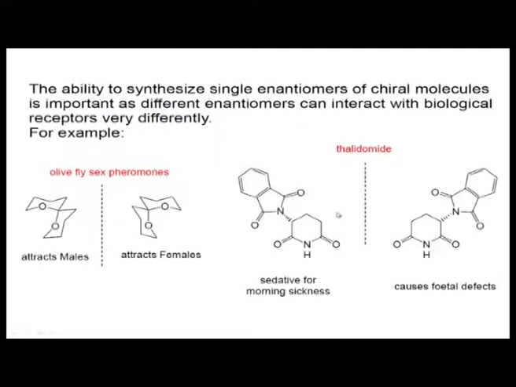But what happened, thalidomide was meant to have a sedative action for morning sickness, from which pregnant women usually suffer. The molecule with this configuration has the sedative effect. The other compound, the mirror image, causes fetal defects.